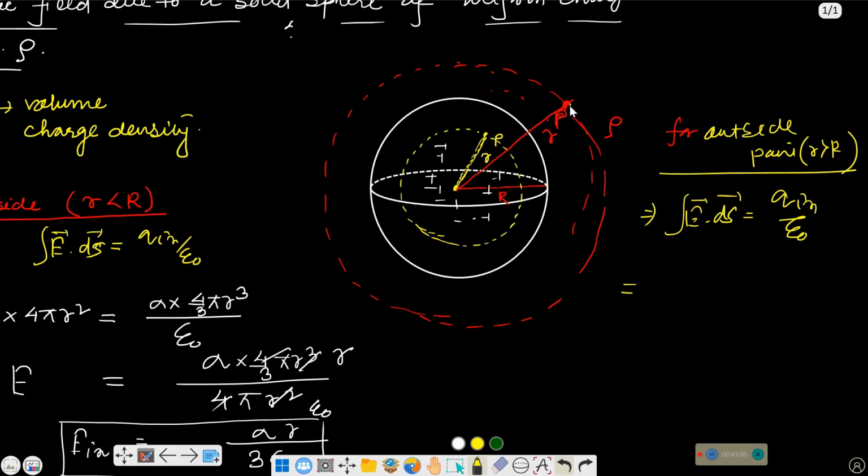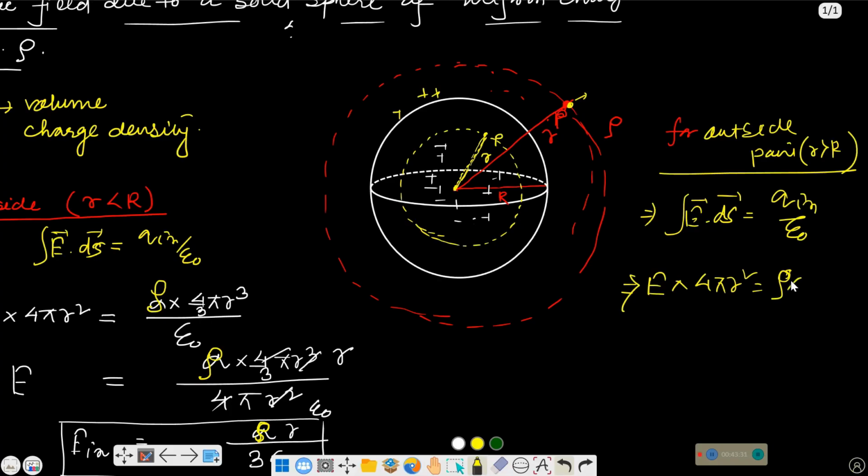The electric field here is symmetric, so E into ds is 4 pi r square, but now q in is the whole source, that is rho, not sigma, you can take it rho.